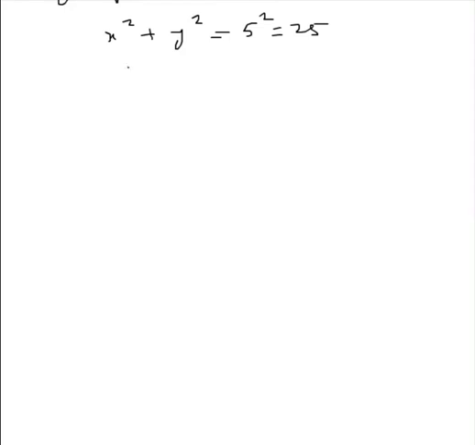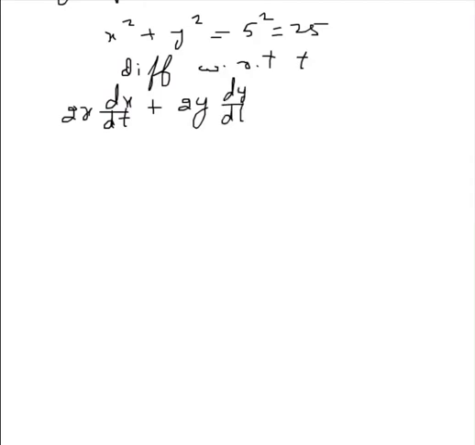Now I am going to differentiate with respect to t. Differentiating with respect to t, 2x dx by dt, plus 2y dy by dt. Both x and y are variables, so both should be differentiated with respect to t. The power has to be differentiated first, then the base y has to be differentiated with respect to t. 25 is a constant, so the answer will be 0. I can divide throughout by 2.